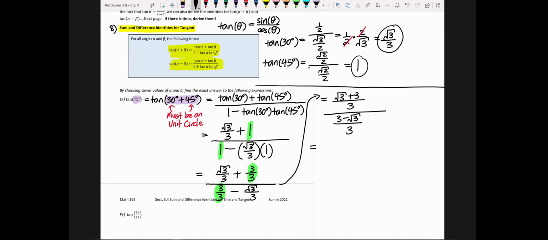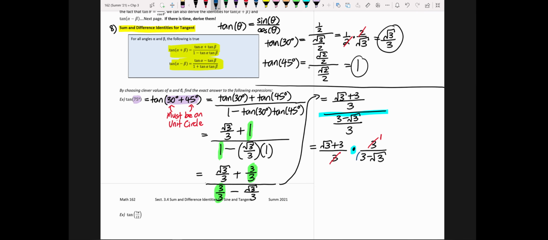When you have a fraction divided by a fraction, we do top fraction times reciprocal of bottom fraction. So this division sign here, we convert it to multiplication and we reciprocate the divisor. Anything divided by itself is 1. And then now we need to rationalize.